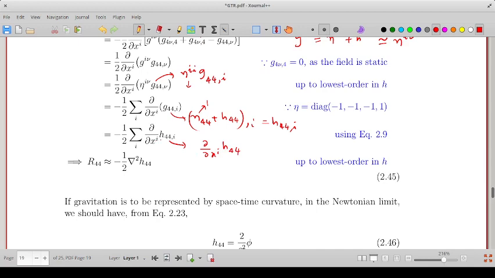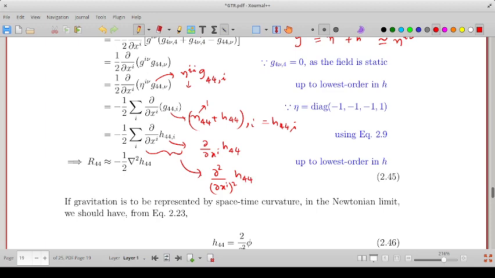So d by dxi of h44i is simply equal to d square by dxi square of h44.